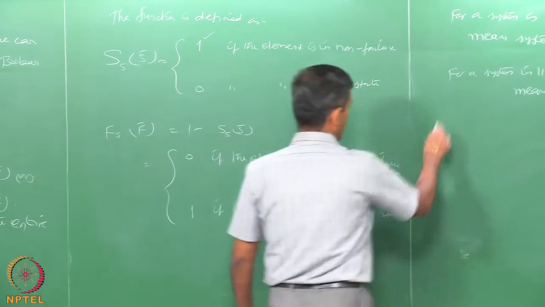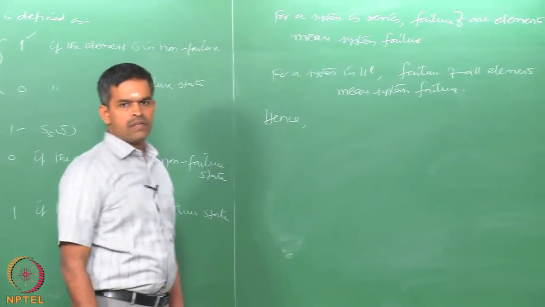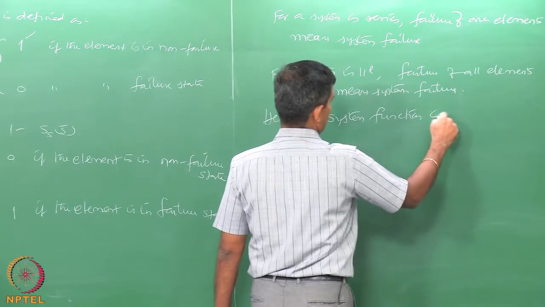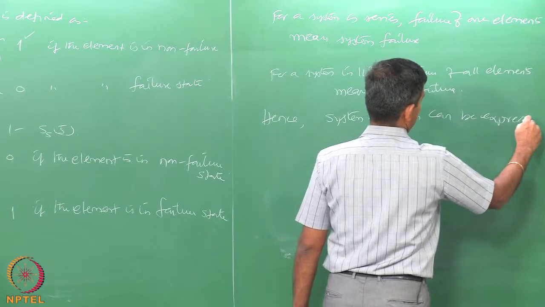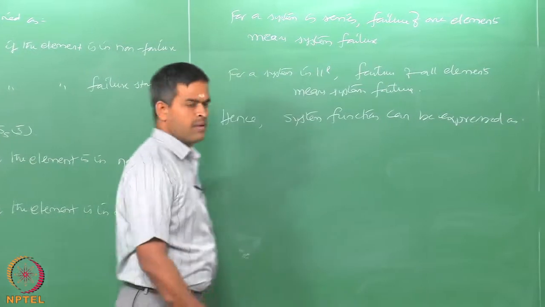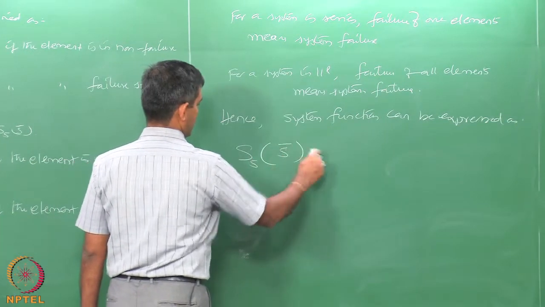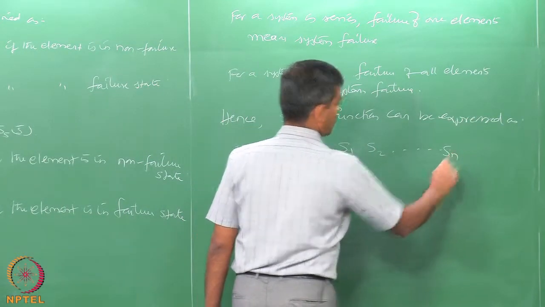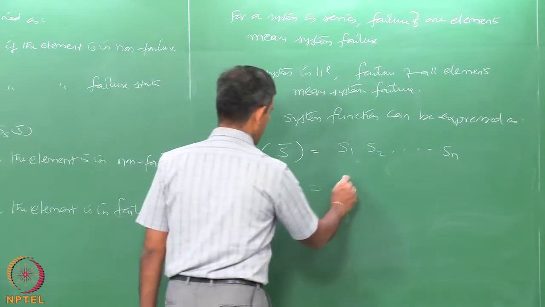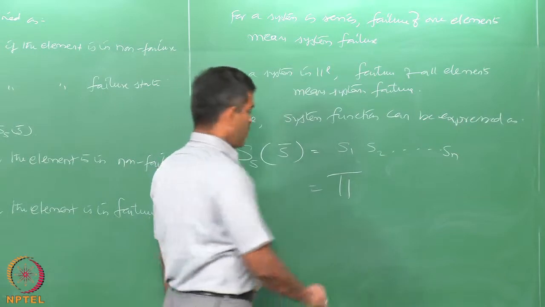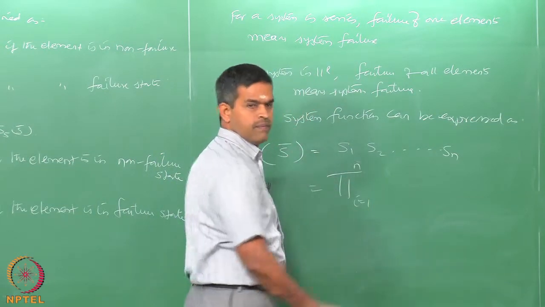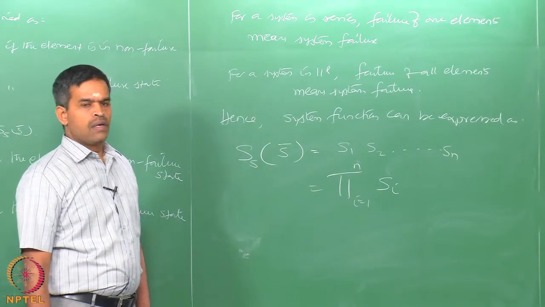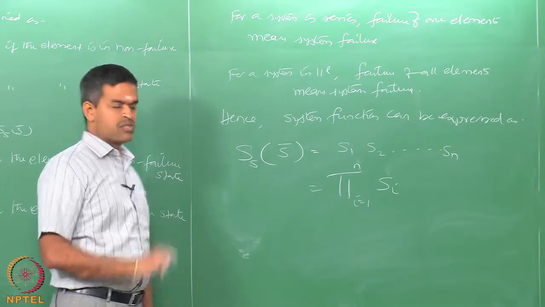Now, hence the system function can be expressed as Ss(S bar) is S1 S2 ... Sn, which is nothing but the product over i equals 1 to n of Si.